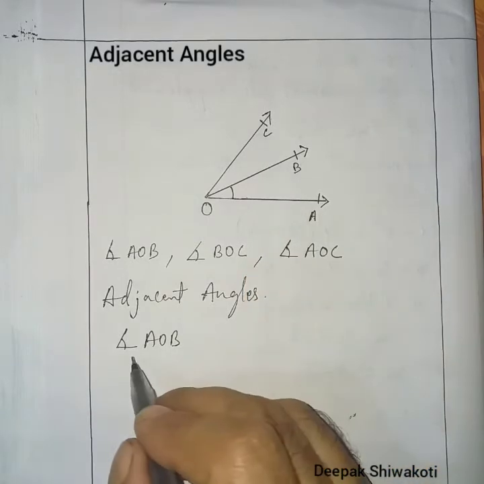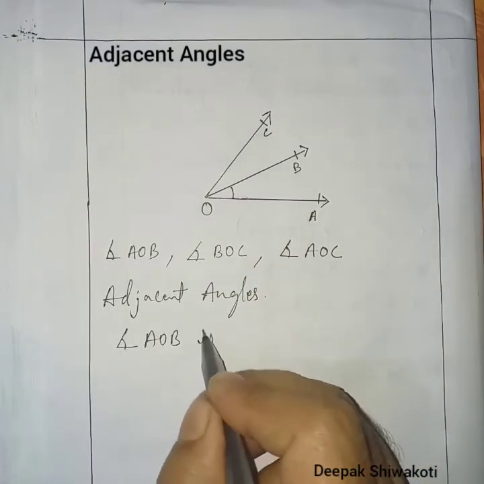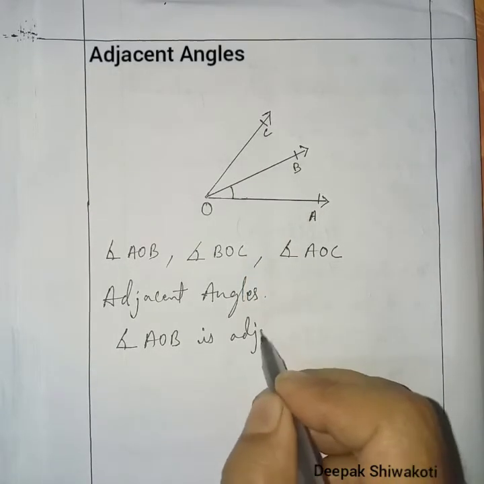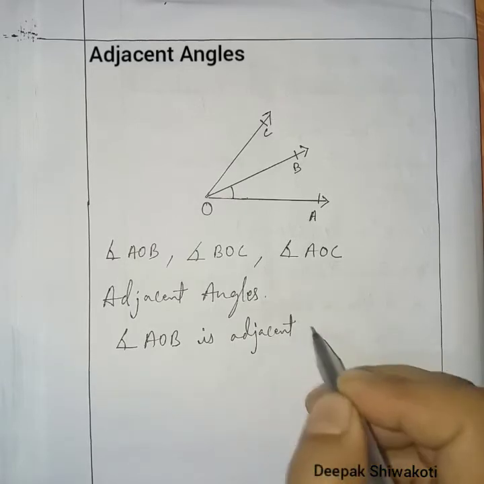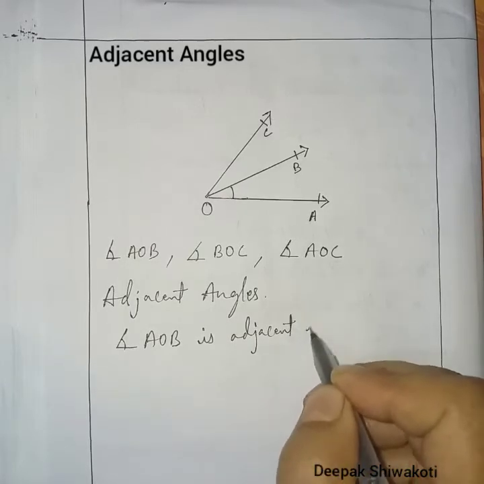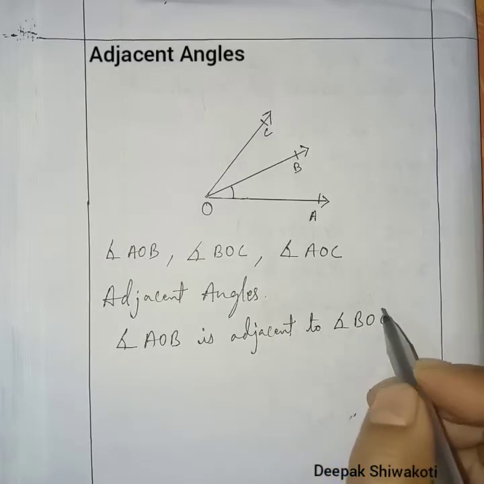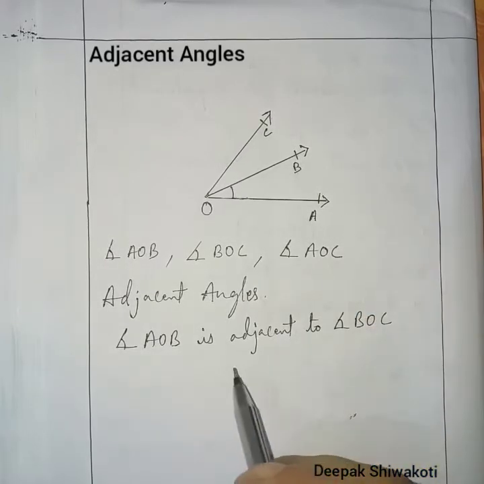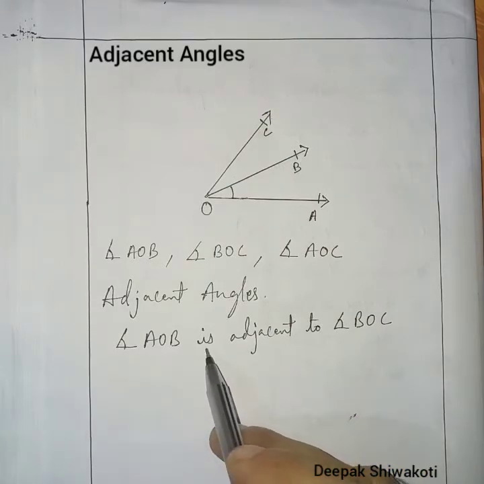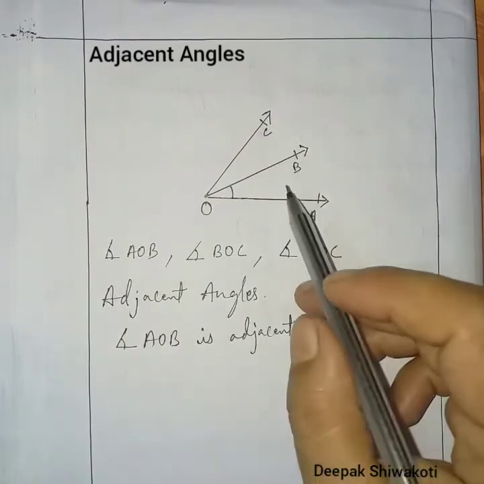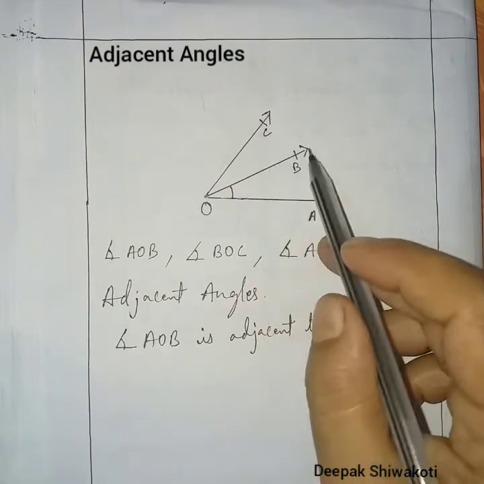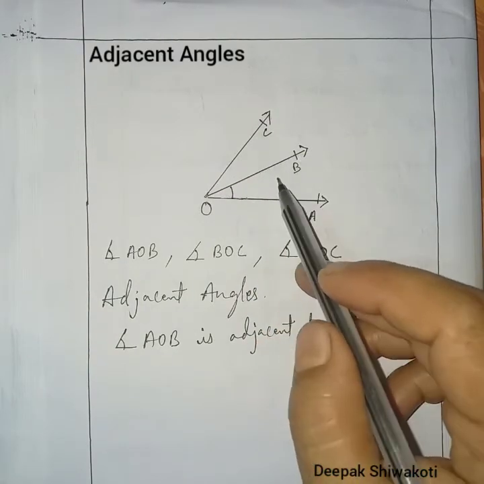Okay, angle AOB is adjacent to angle BOC. So when an angle is adjacent to another angle, then one of the arms is common to both the angles.